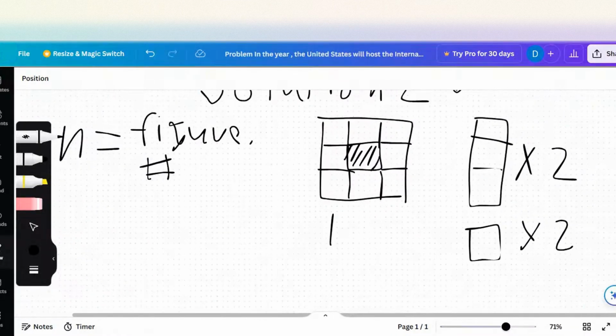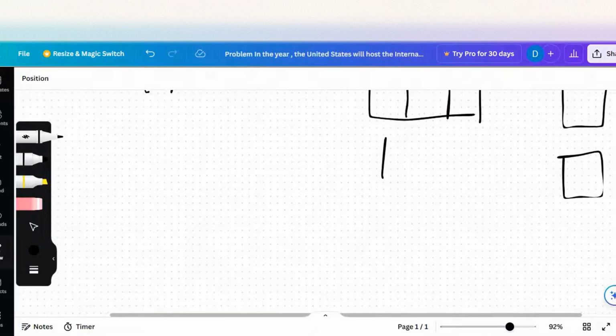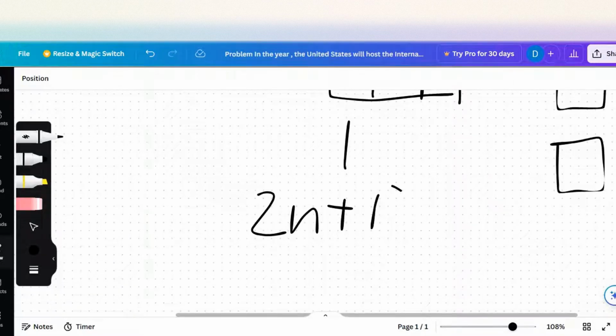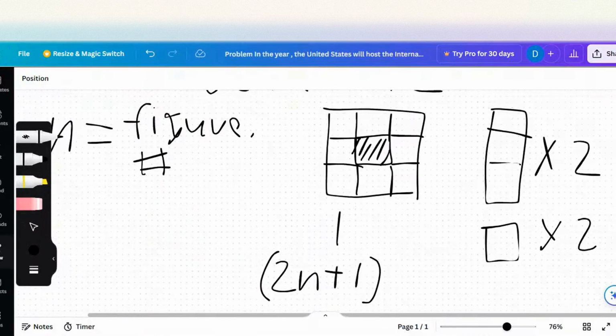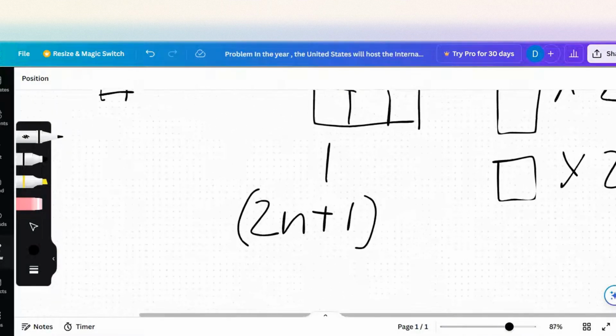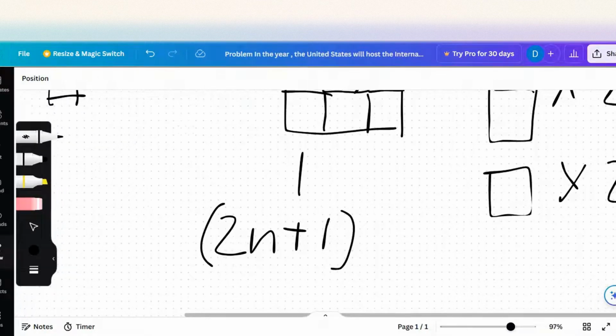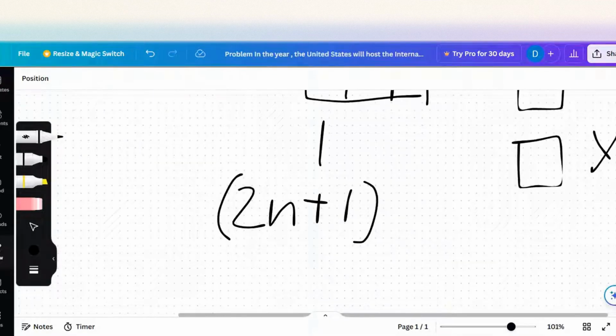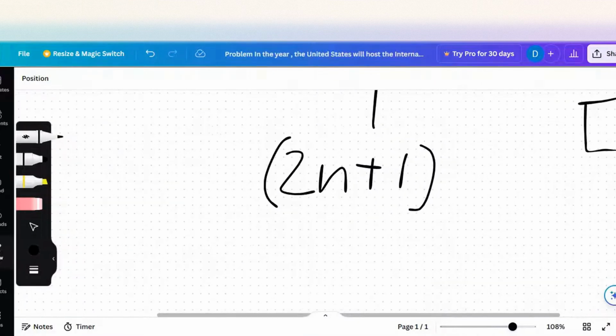We can rewrite the first rectangle, 1 by 3, as 2n plus 1, because the figure number is 1, and then times 2, we can just add 1. And we can rewrite the second rectangle, 1 by 1, or square, whatever you like to call it, as 2n minus 1.